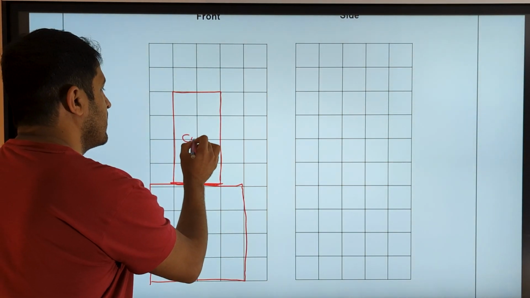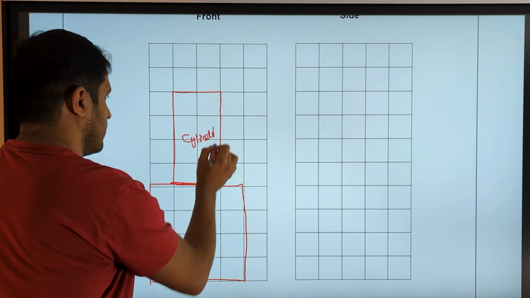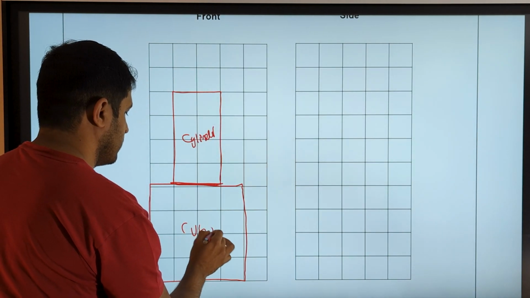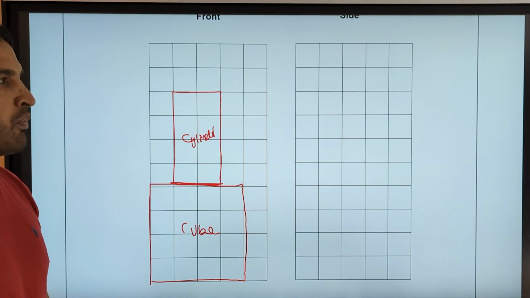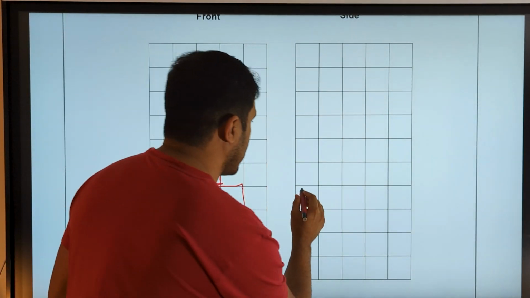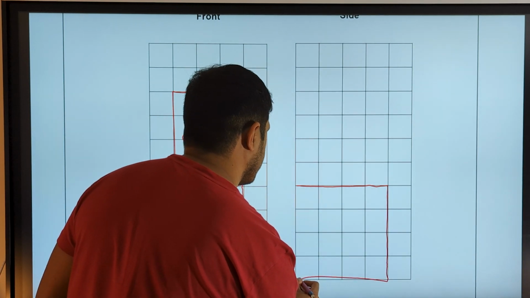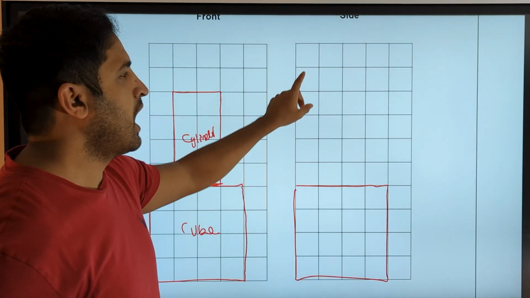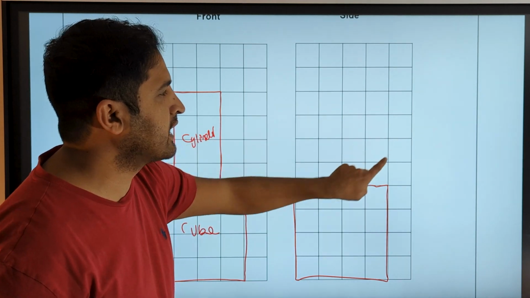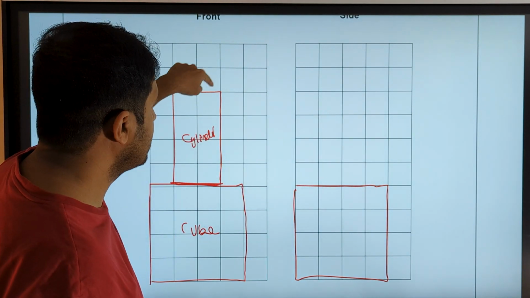This is our cylinder, and that's your cube. And what does it look like from the side? From the side, you still see that square at the bottom because it's a cube. But here you should see that circle, because from the side, this should be round.